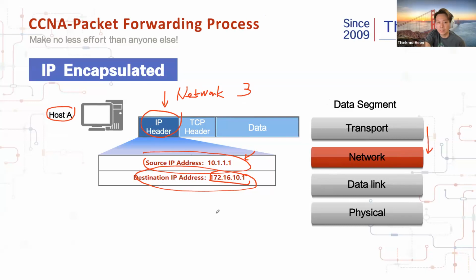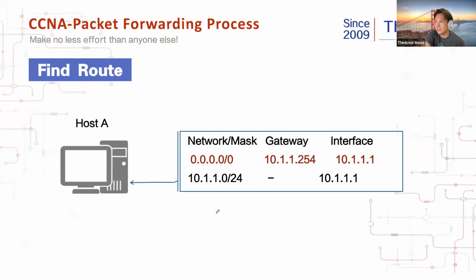Okay, next. As long as host A already knows the destination IP address, it will start to look into the routing table inside host A. We will introduce the details of the routing table in the next slide. Here, we're just telling you that the next step, host A is going to look for the route to the destination.